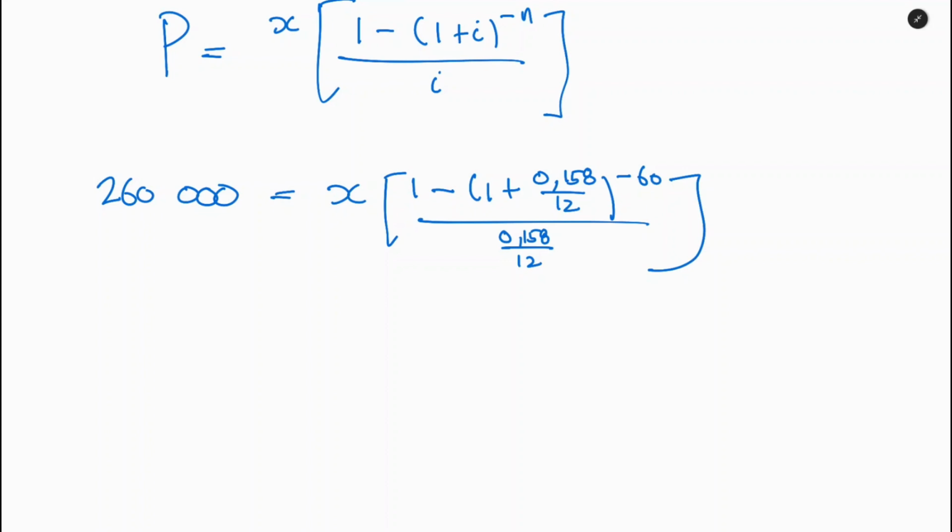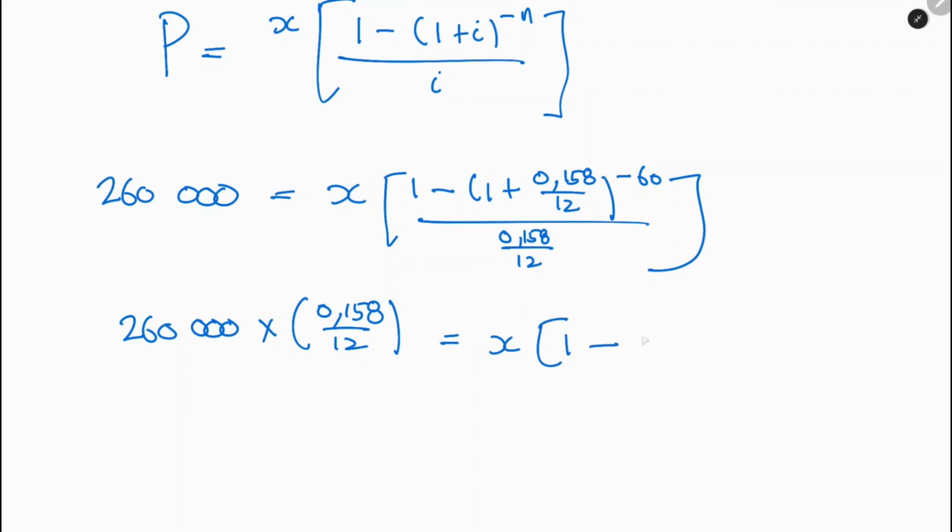So we get 260,000 multiplied by 0.158 over 12 is equal to X times 1 minus 1 plus 0.158 over 12 to the power of minus 60.